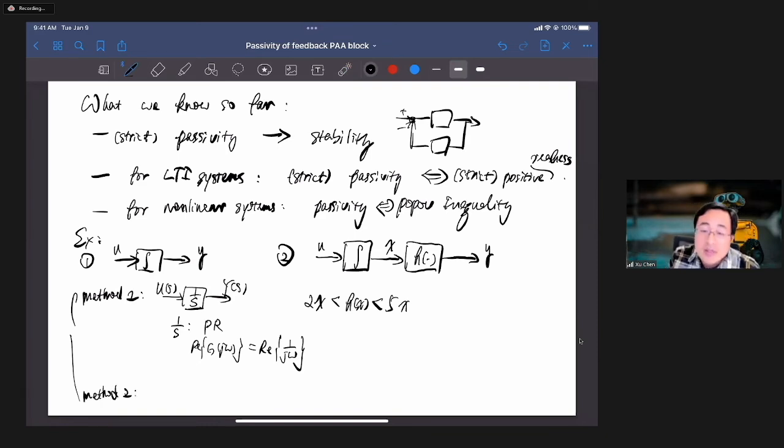We can also use the definition in here and consider the integration between the input and output.